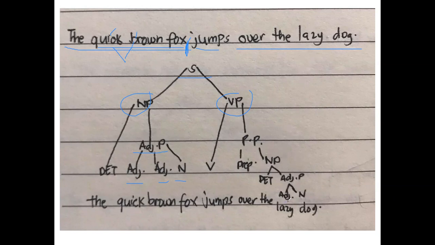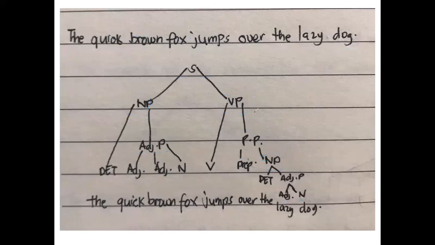Lazy is an adjective, and the noun is dog. So adjective plus noun will be an adjective phrase. Then adjective phrase plus determiner, which is the lazy dog, will be a noun phrase. And over is the preposition. So the prep and the noun phrase together make a prepositional phrase. So this is the correct tree diagramming of this sentence.